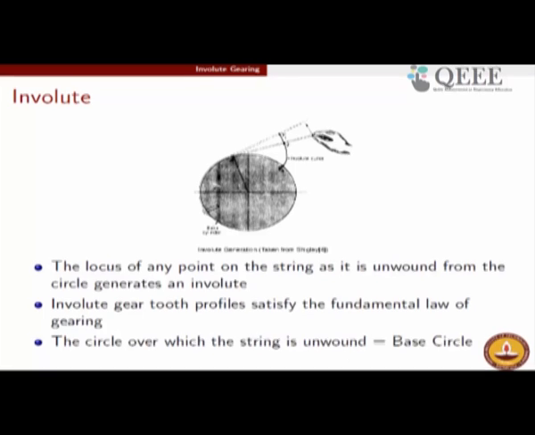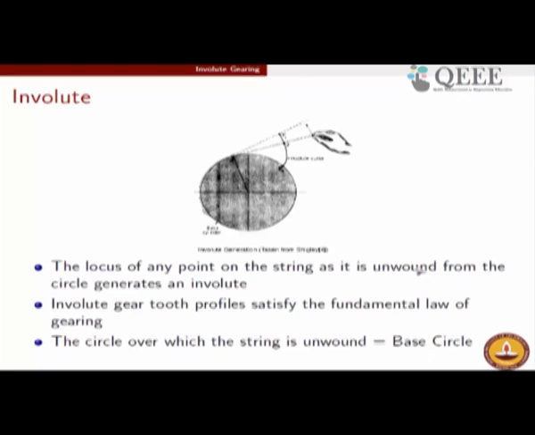The circle over which this string was wound up, that circle is known as the base circle. So the circle over which the string was initially wound up and is now getting unwound as the involute is generated is known as the base circle.